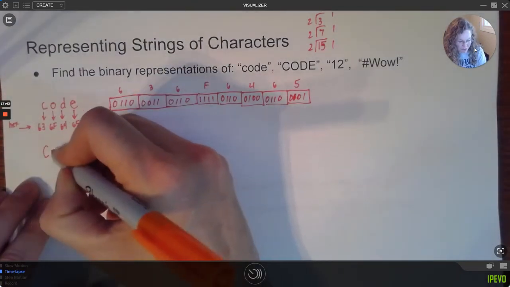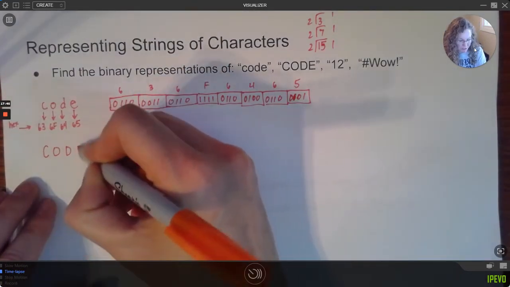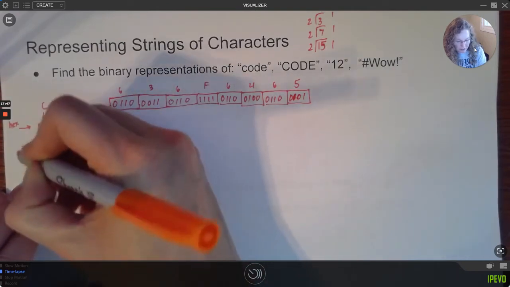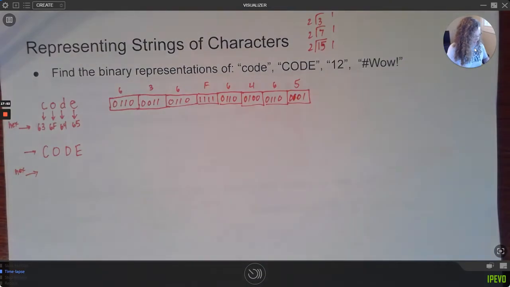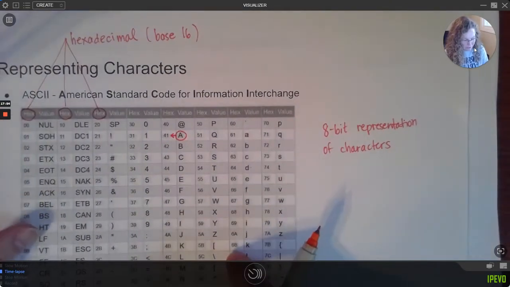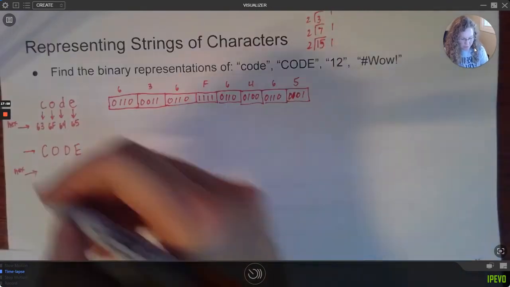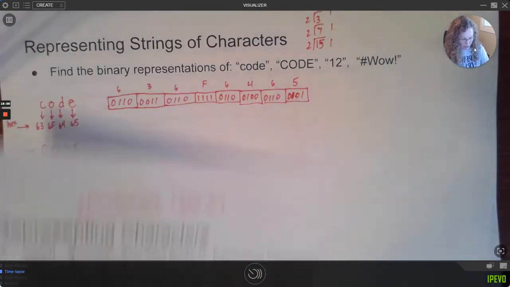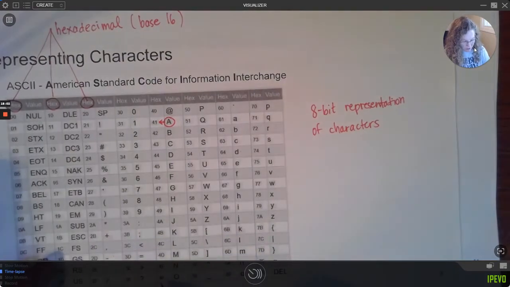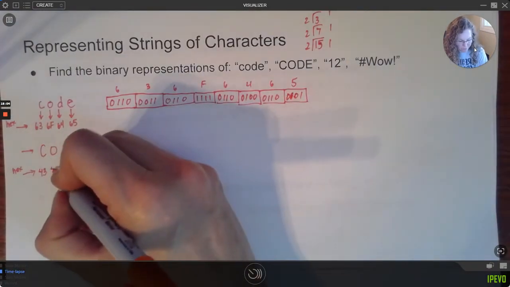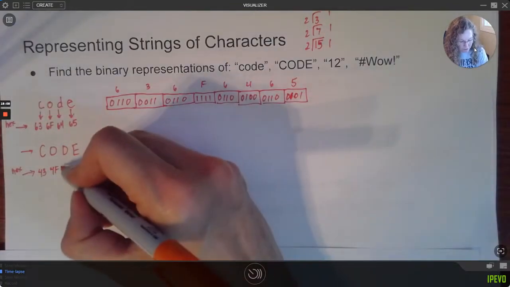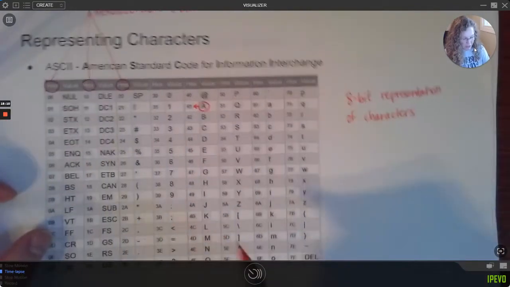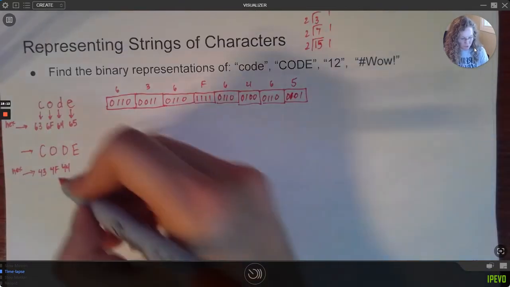So if we did capital C, capital O, capital D, capital E, I'll put the hex down here. Capital C is 4, 3. Capital O is 4F. Capital D is 4, 4. And capital E is 4, 5.